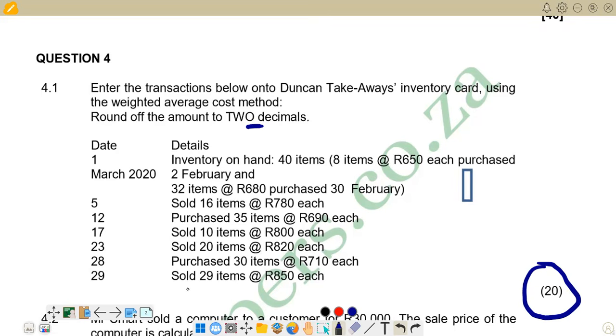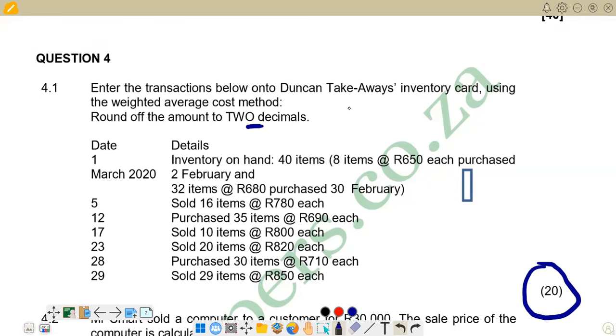So the challenge is on calculating the weighted average whenever we purchase, whenever inventory comes in. We calculate a new weighted average. We now start with this one. On 1 March 2020, we've got 40 items of inventory. Out of the 40 items, we've got 8 items at 650 rands.